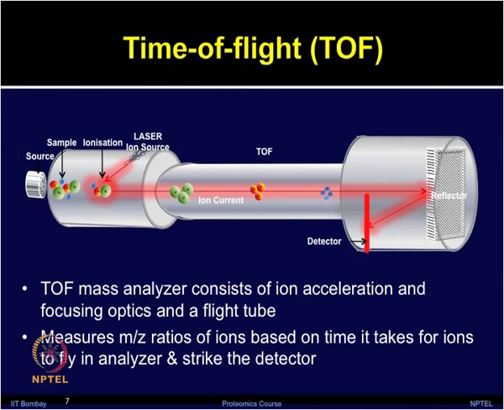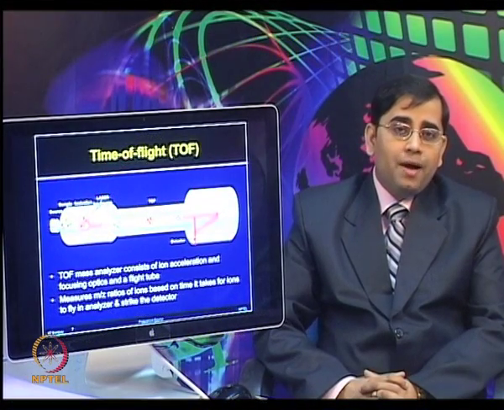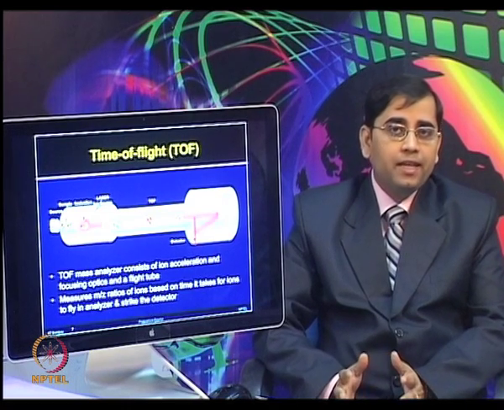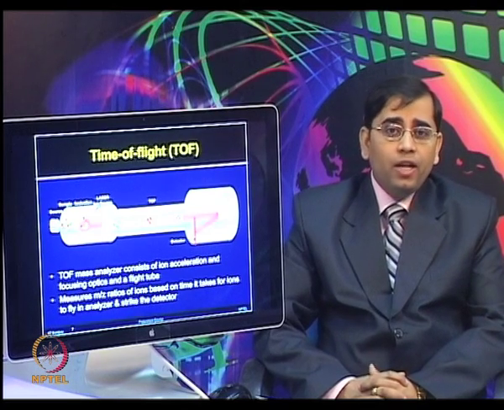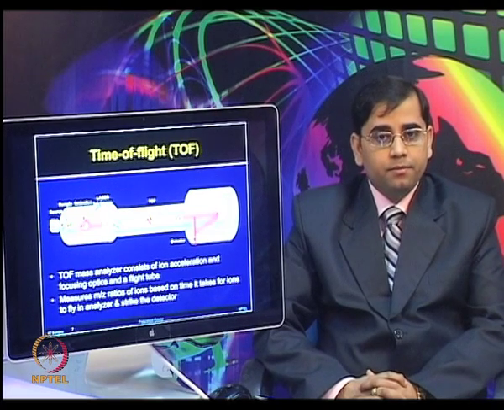This time of flight tube measures the mass to charge ratio of ions based on the time it takes for ions to fly in the analyzer and strike the detector. Now, the mass is proportional to the square of the flight time, how much time it takes to travel in the time of flight tube. So, ions of lower masses are accelerated to higher velocities.